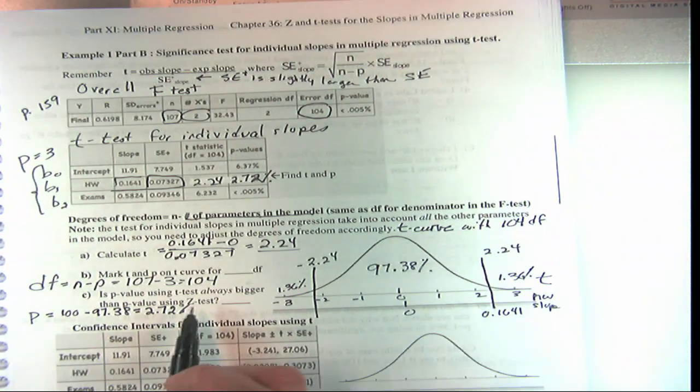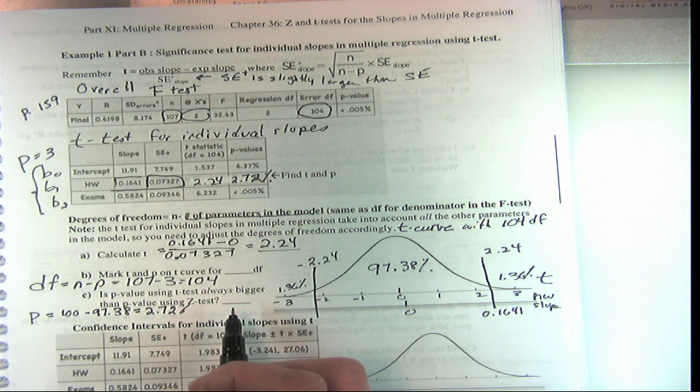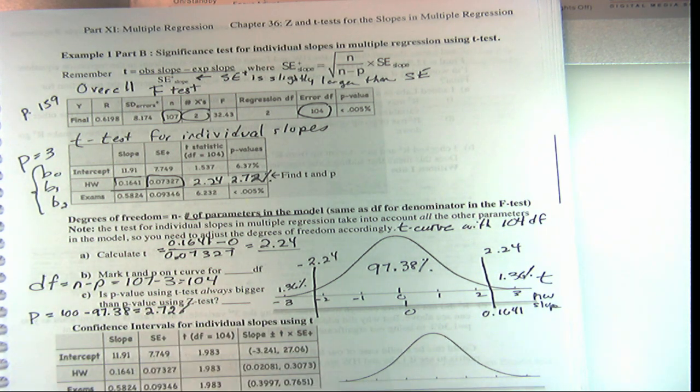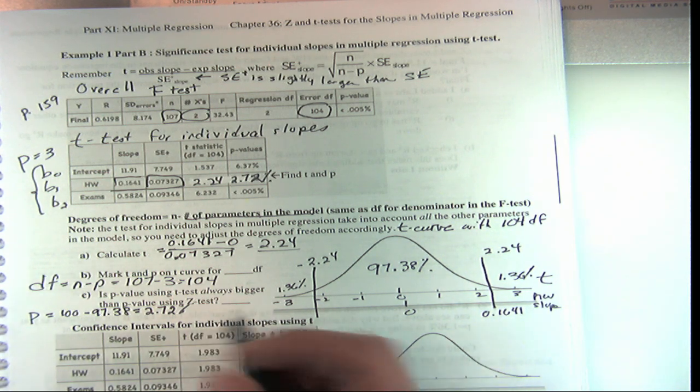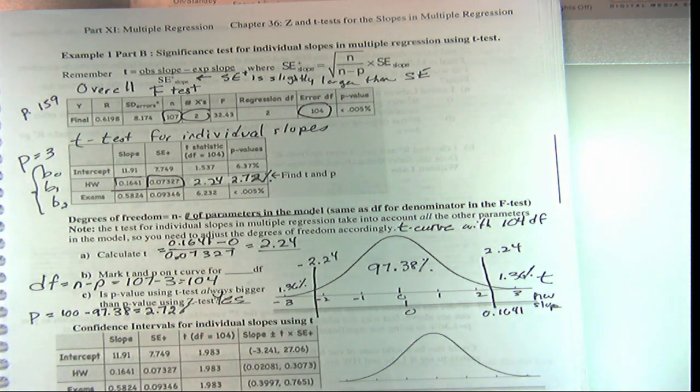Now, so we just answered that question. Is the p-value using the t-test always bigger? Yes, because p is the area of the tails, and f and t have fatter tails. There's more uncertainty. That's why we need stronger evidence to reject the null. So yes, it's always bigger for everything else being equivalent.